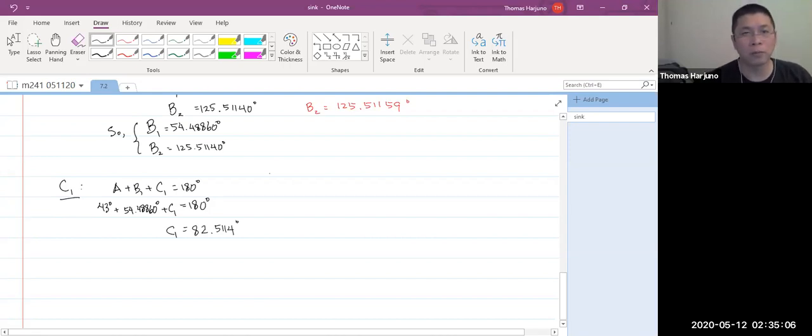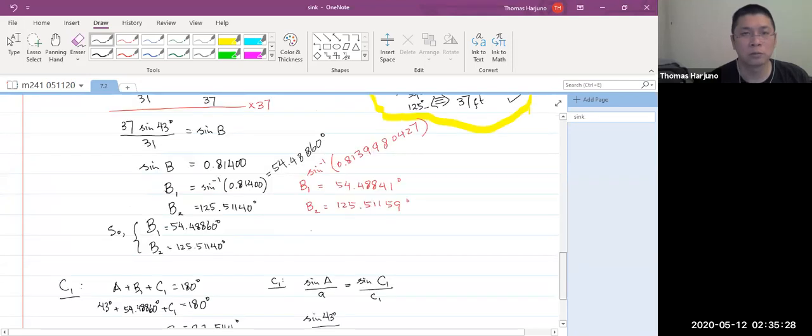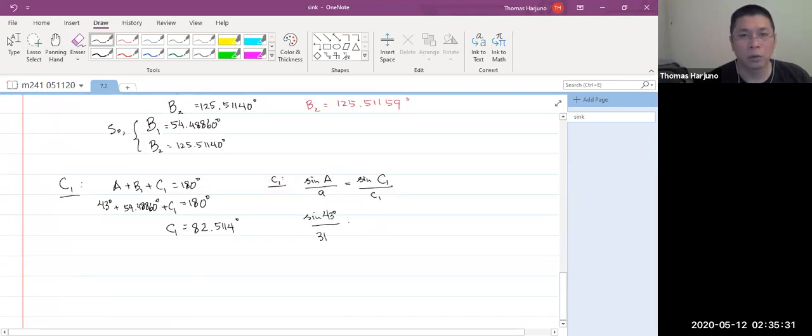Therefore, for me to find side C1, I will use sine A over A equals sine C1 over side C1. Sine 43 degrees over 31 equals sine 82.5114 degrees over side C1.